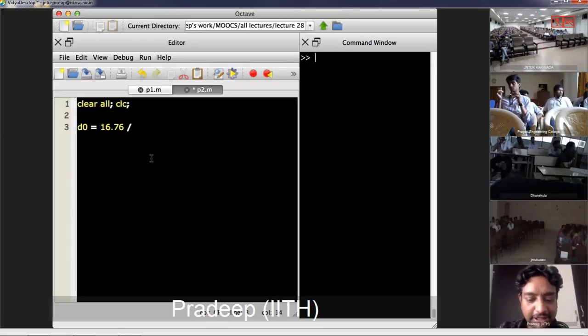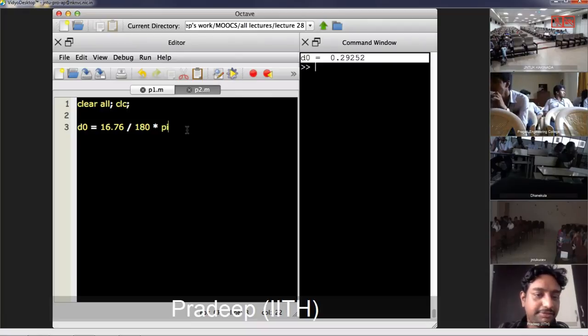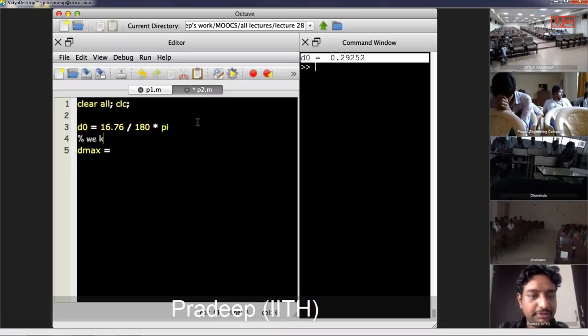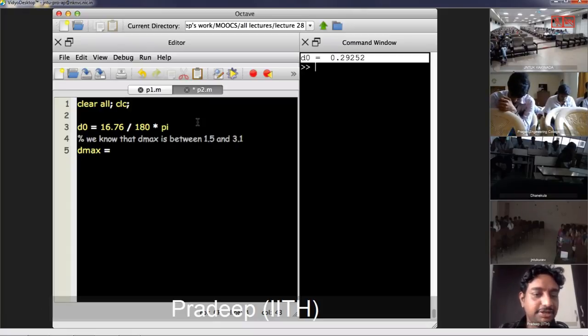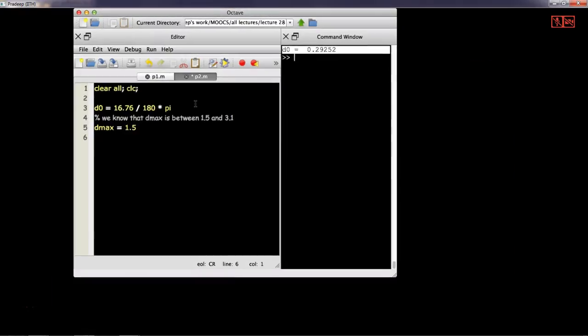I will divide by 180 and multiply by pi so that it is converted into radians, 0.29252 radians. Now what is Dmax? We know that delta max is between 1.5 and 3.1. So I will start with 1.5. This is my initial value of Dmax.